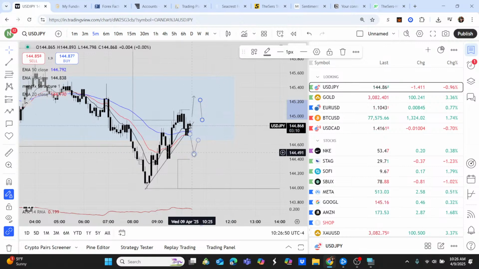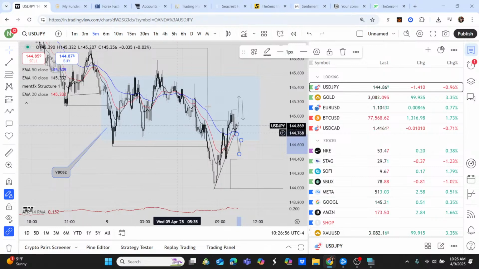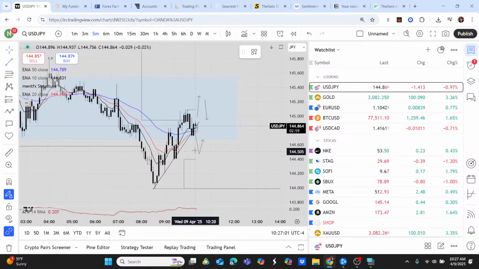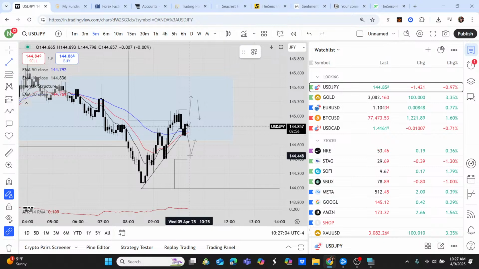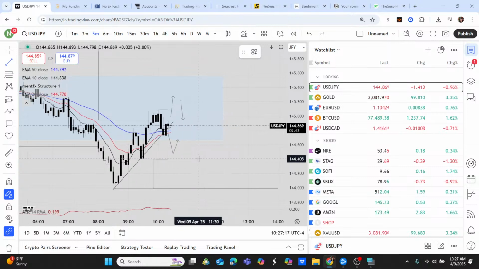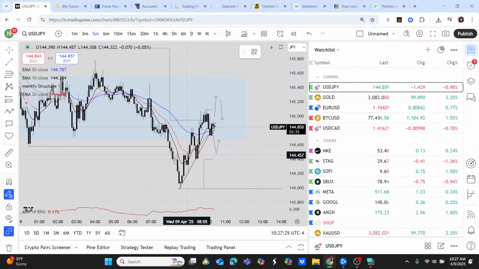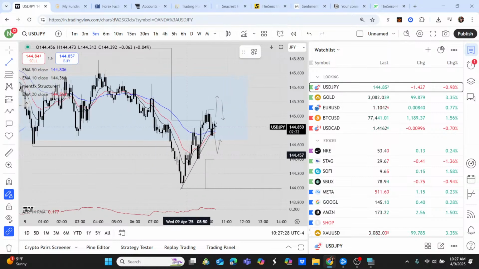If price drops down and pauses nicely against the 10-20 outside of this consolidation range, then I can potentially put risk on this trade. Then once I'm in the trade, I also have a plan. So it's all about coming into this thing with a plan in mind. Because trading is a business. Every single business needs a business plan. Makes sense. Because how are you gonna operate with no business plan? You're just moving blindly.